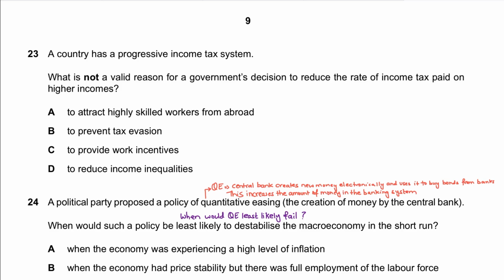So lower tax rates on high income workers who are highly skilled can actually attract talented workers in the economy and can increase the country's human capital. So this will be a reason. Maybe the country could use this as a supply side labor reform, or a policy to increase human capital.